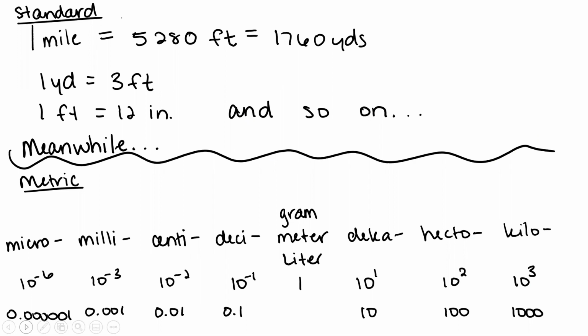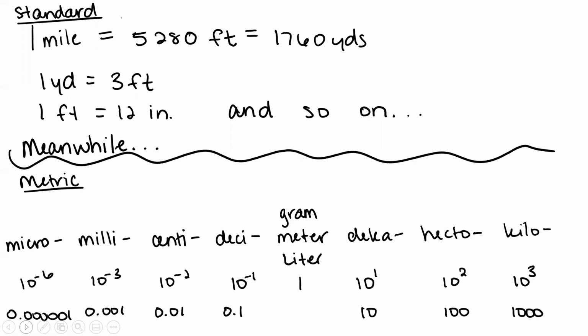It's essentially equating the two measurements so that you can move in between them. This is true for yards, which is 1,760 yards in a mile. There's 3 feet in a yard, 12 inches in 1 foot. These are all examples of conversion factors that we use in the standard system.